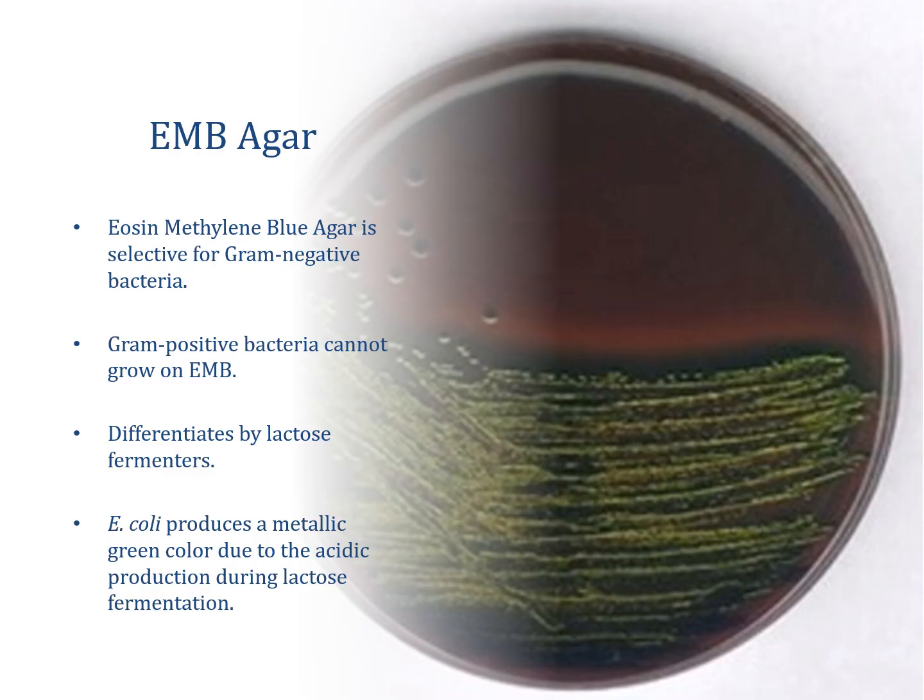So when E. coli ferments lactose due to the lactase enzyme, it produces a metallic color. The colonies have a metallic sheen, and that's how you differentiate the E. coli from other bacteria that don't have the ability to ferment lactose.